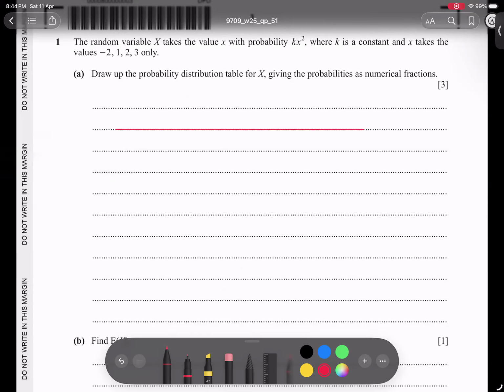And here I will write the values and here probability. And values are -2, clearly mentioned here, and -1, then we have 2, then we have 3.